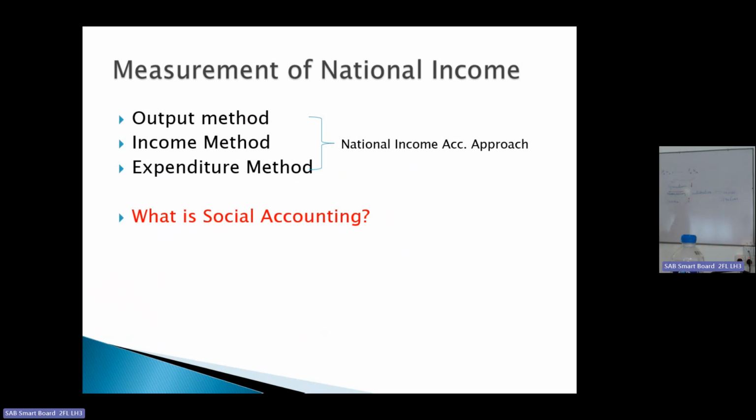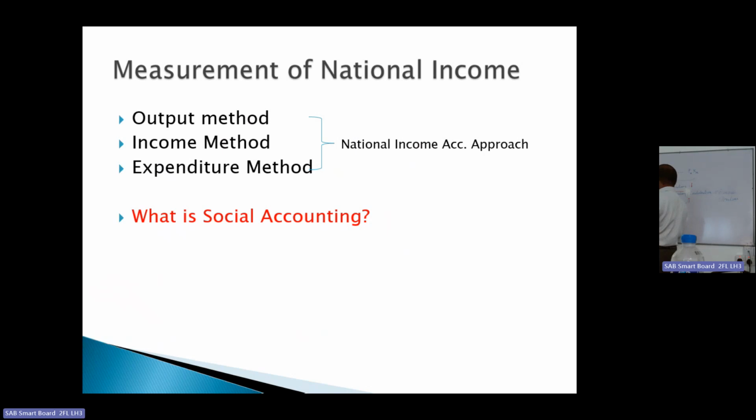The other one is the income method, how we calculate income: the rent, wages, profits, and interest, based on the factor income. This is the gross profit. Even though we calculate the profit here, for example, the firm's total profits generated, some profits are reinvested.